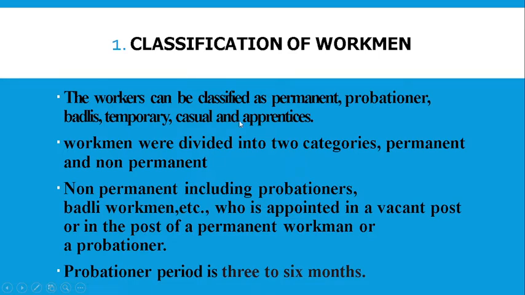It can be filled with these non-permanent workers, students, and the probationary period is 3 to 6 months. After the 3 to 6 months, the probationer workmen can claim for permanent work also.